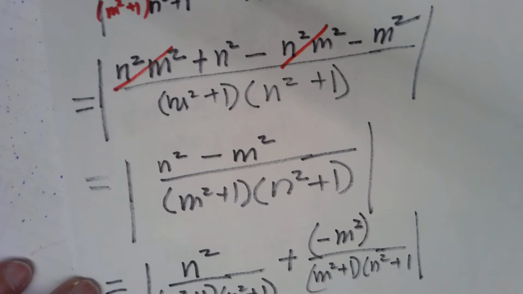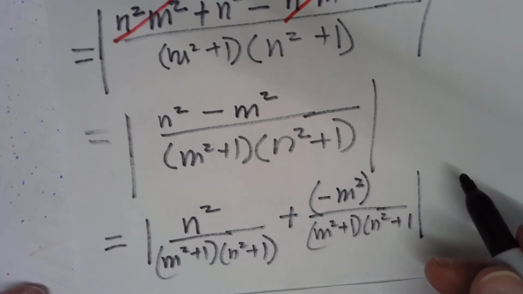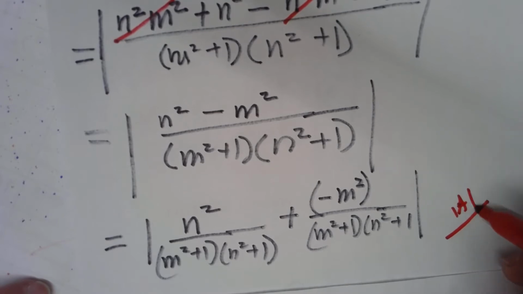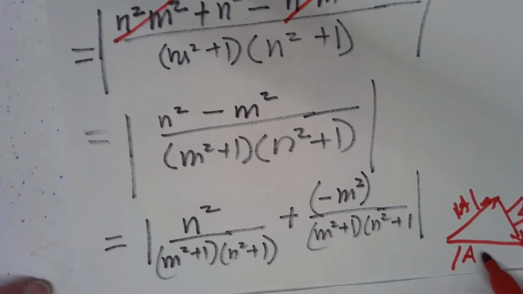From here we can split it using the triangle inequality theorem, where the magnitude of a plus b is less than the sum of the magnitude of a plus the magnitude of b.